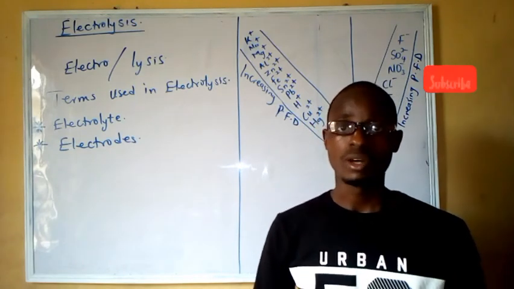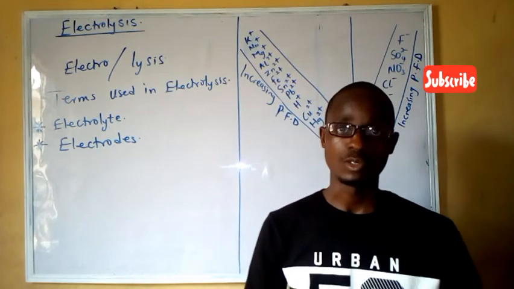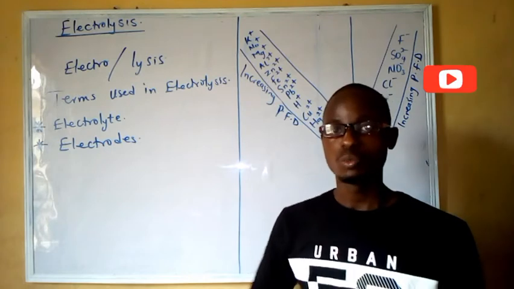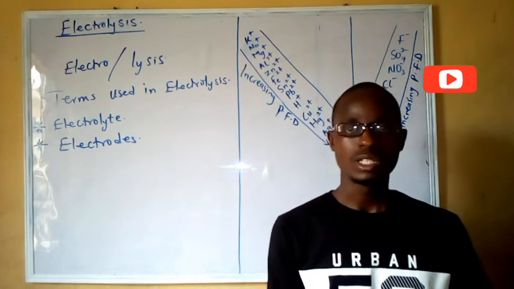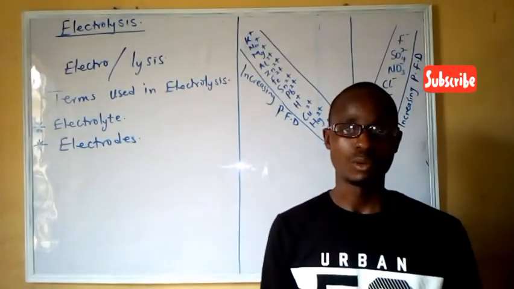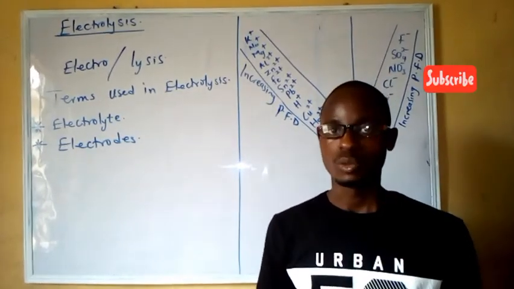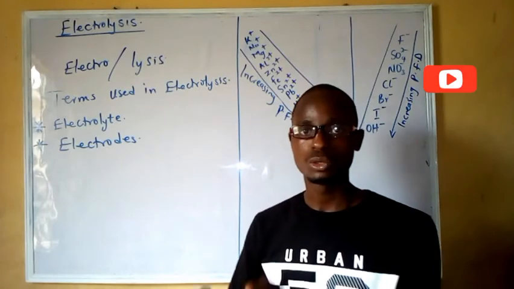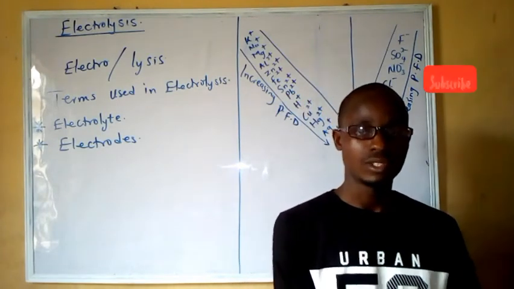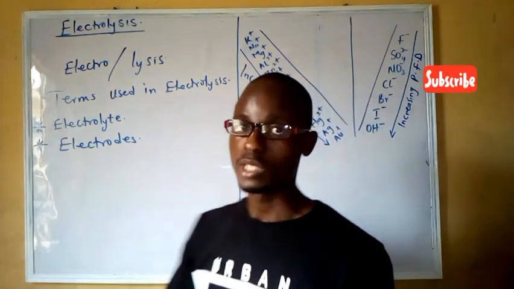The substance we are trying to break down to separate into its components is the electrolyte, and it has to be in liquid form. So to pass current through the liquid and out of the liquid, we use two metal rods called electrodes. There is a particular electrode through which current enters, and another through which current leaves.